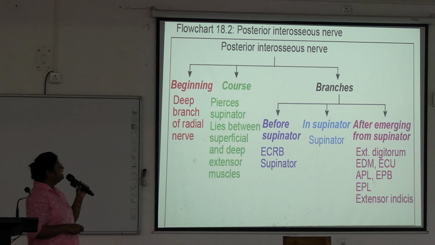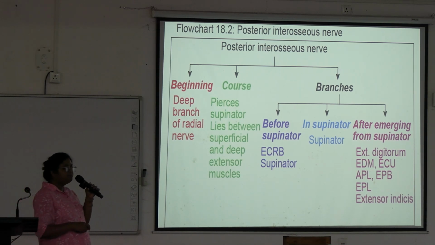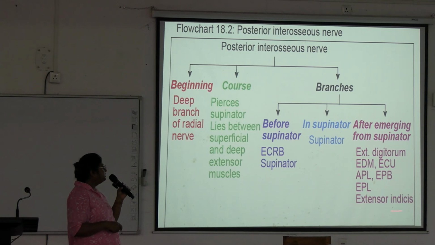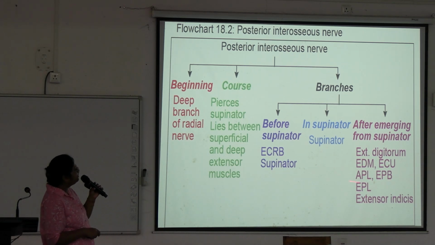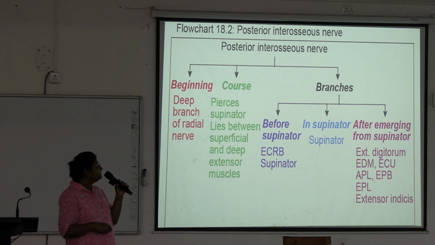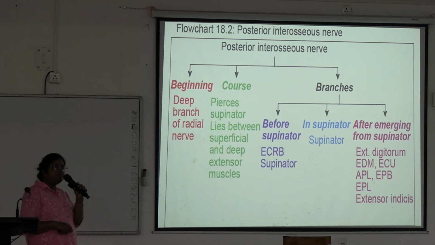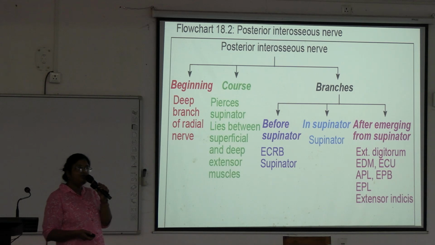These are the superficial group: extensor digitorum, extensor digiti minimi, extensor carpi ulnaris. And these are the deep group: abductor pollicis longus, extensor pollicis brevis, extensor pollicis longus, extensor indicis. All those are supplied by the posterior interosseous nerve.